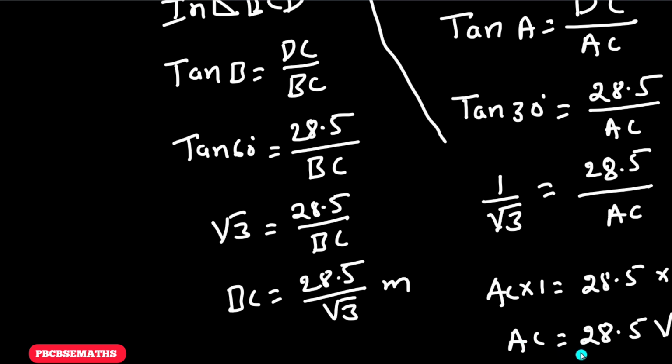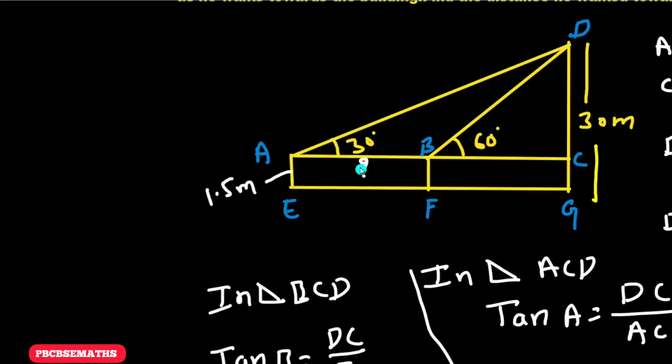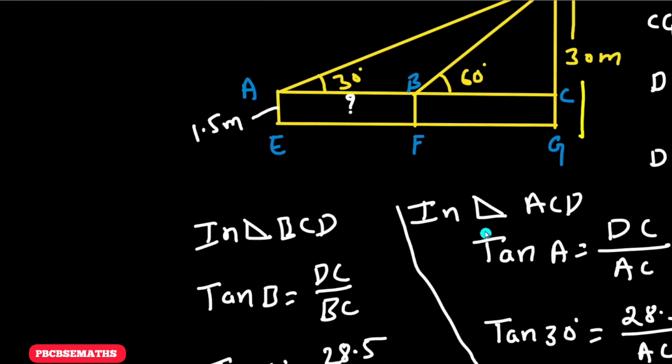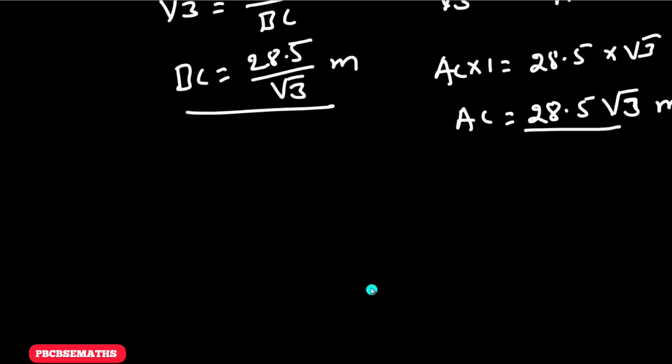So now we have the values of AC and BC. The value of BC is 28.5 divided by root 3 meters. If you want to find the length of AB, you should subtract the length of BC from the entire length of AC. So AB is equal to AC minus BC.